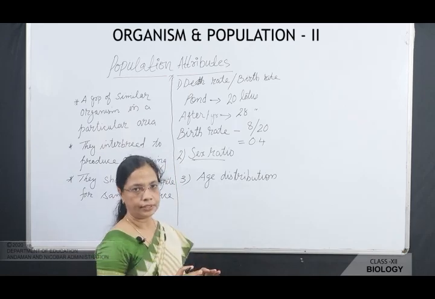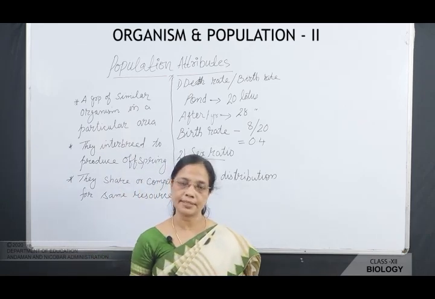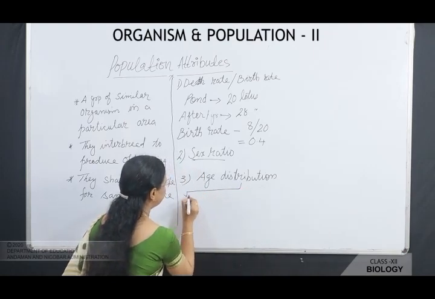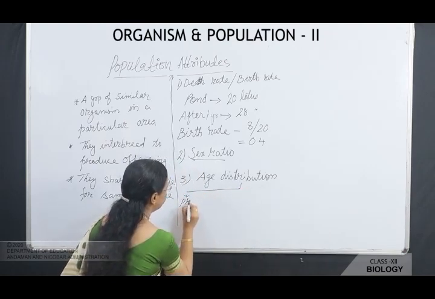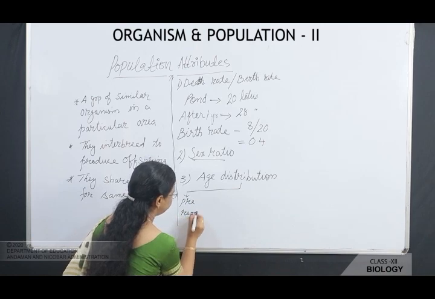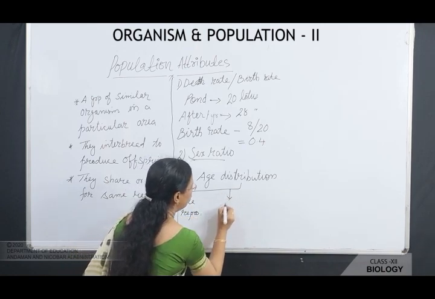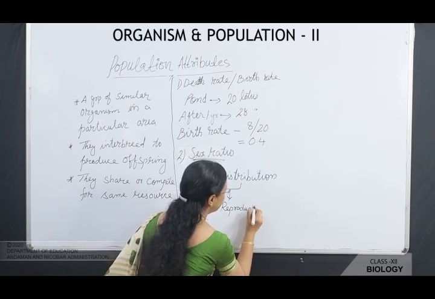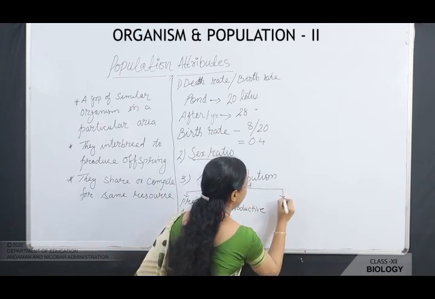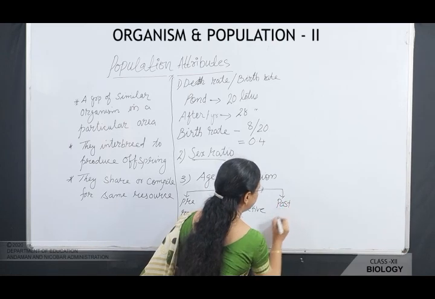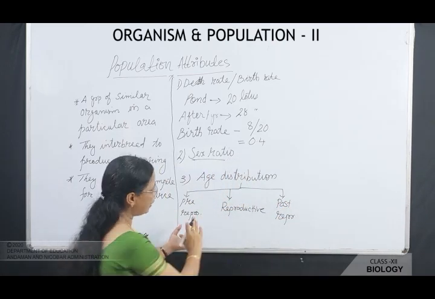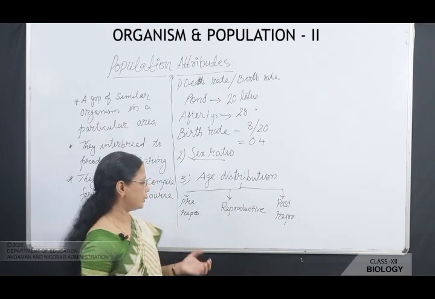In a population, different age groups can be seen. So we can divide the age group like pre-reproductive, reproductive, and post-reproductive. It varies from organism to organism.